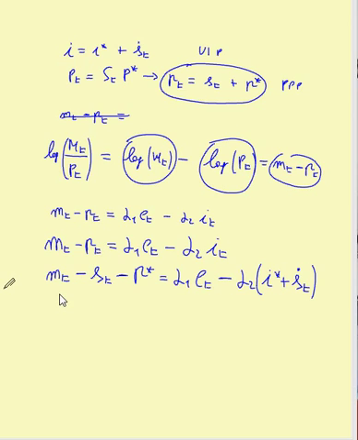Let me repeat again for people at home. The real money stock should be equal to the real money demand. If we apply the purchasing power parity and the uncovered interest parity, we get this equation, and from here we have the dynamic equation of the exchange rate in the monetary approach.